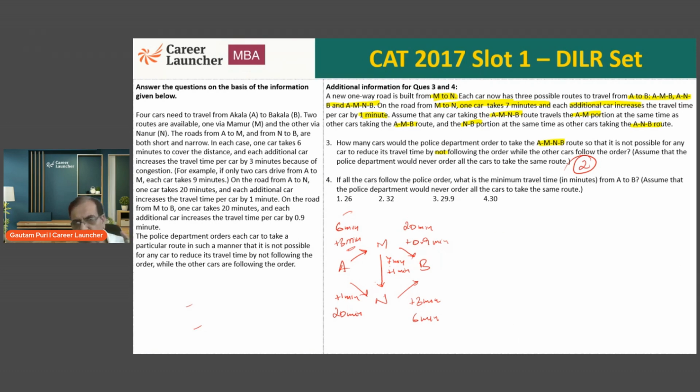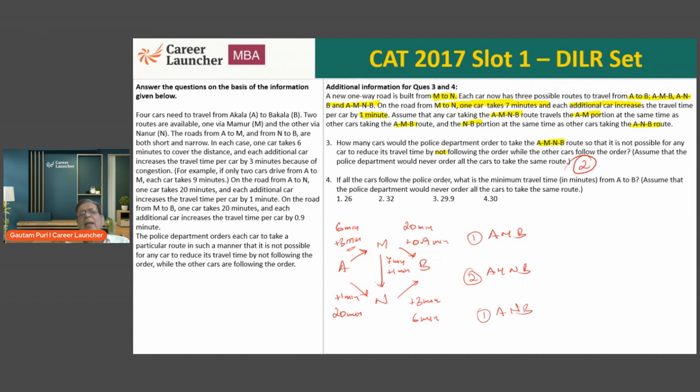Okay, so if I look at A and B, let me put AM and B, sorry, and A and B. Now, what have we decided? We have decided 2 cars going through MN, 2 cars taking this AM and B route, 1 car taking A and B, and 1 car taking A and B.